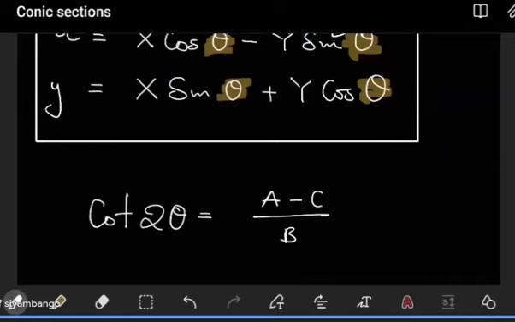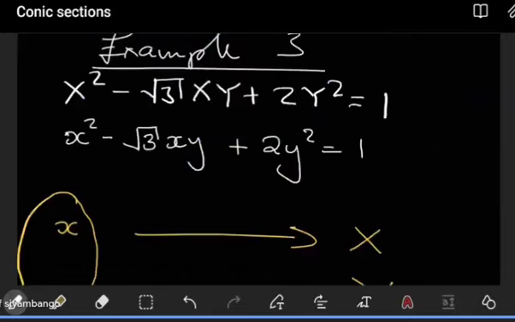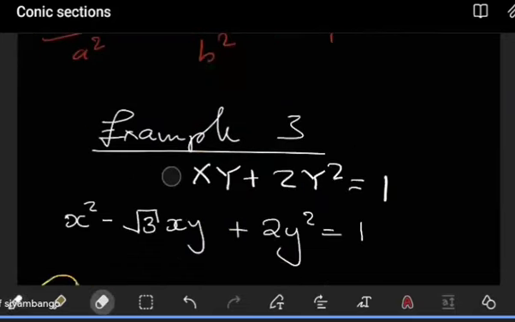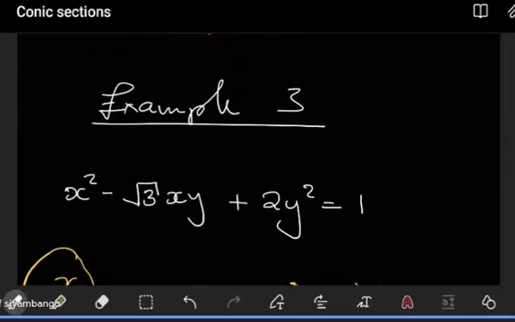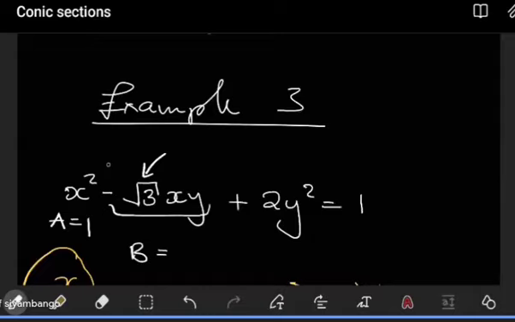So in our current case, A is the coefficient of the x squared term. In this case, A is 1. B is the coefficient of the cross product. In this case, the cross product is here, so its coefficient is minus root 3. Remember, this has to be plus, so this minus is coming from the coefficient.